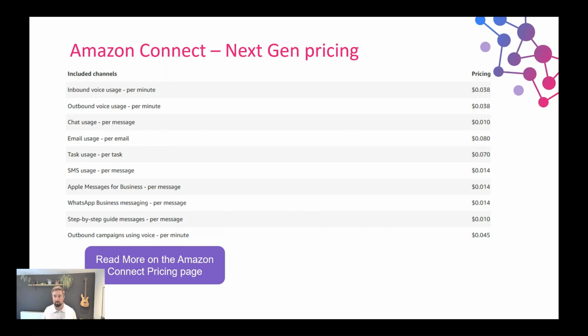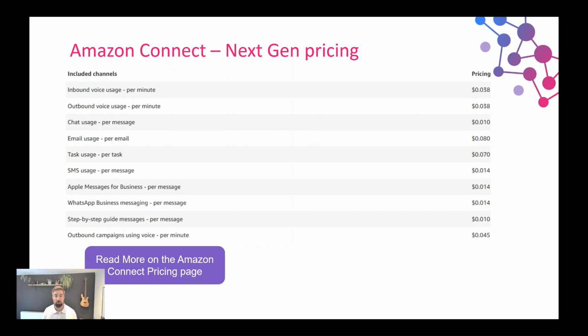Here's a breakdown of the new pricing structure. It's taken from the Amazon Connect pricing page, and there's a link on the deck that you can click and find out more from that page. You'll notice that the headline per minute prices are higher than the equivalent individual features pricing, as you would probably expect. So, for example, inbound and outbound voice Amazon Connect usage, for the new model next gen, it's 3.8 cents per minute compared to 1.8 cents per minute previously.